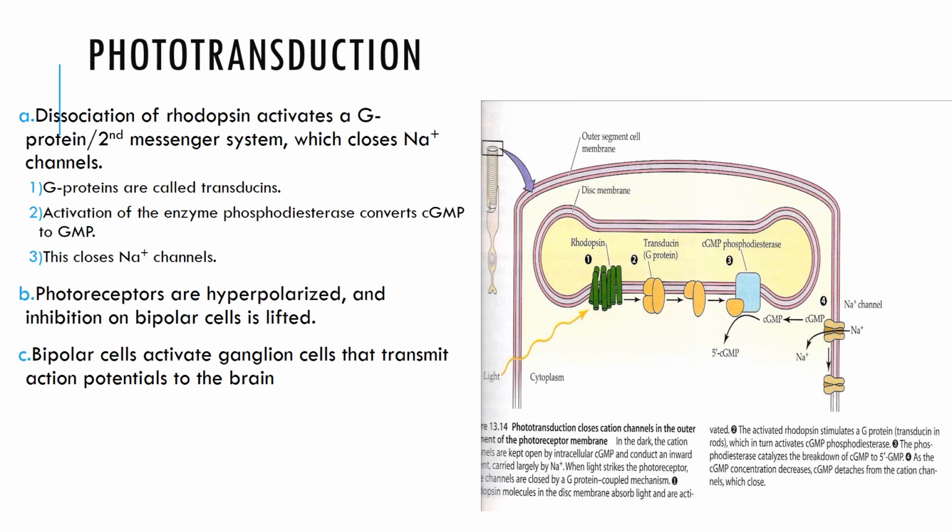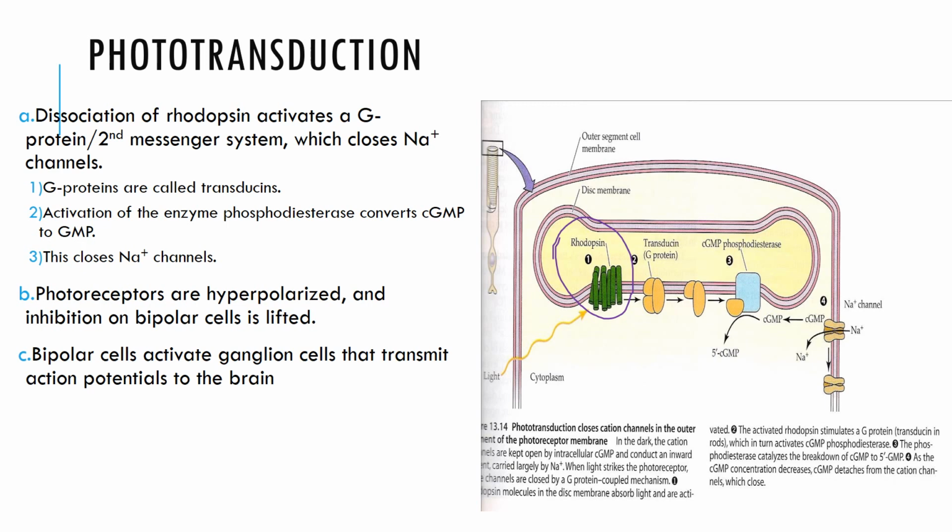So the mechanism by which phototransduction occurs within the rod cells, again, is that rhodopsin is the primary protein, and that's found on those discs within the outer segment of those rods.